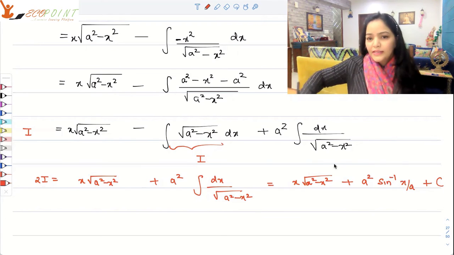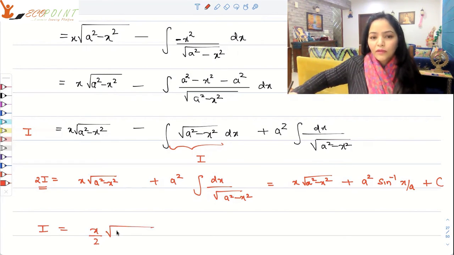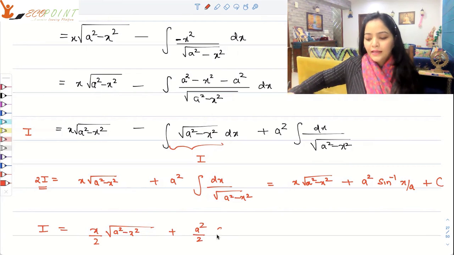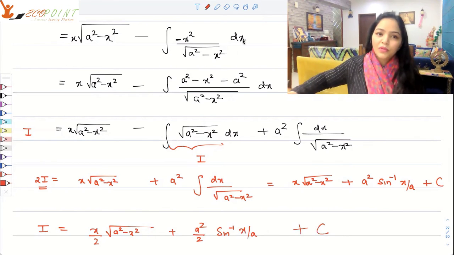The plus c is something that you can write down later once you have divided all. So I will be equal to x upon 2 square root of a square minus x square plus a square by 2 sine inverse x upon a plus c. So that's what you will get here.